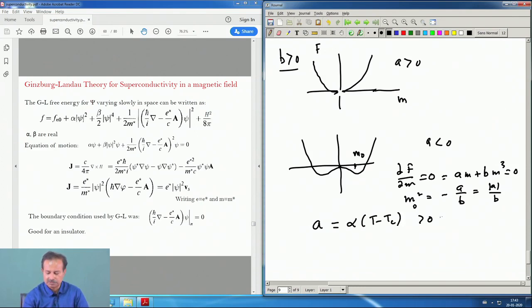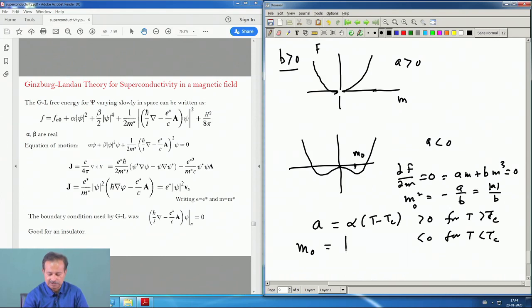So it is greater than 0 for t greater than Tc, and less than 0 for t less than Tc. It mimics this situation, that a will become negative as t goes below Tc, and then immediately you will find a finite m solution. You can solve for m as I have just done, and this will give m proportional to t minus Tc to the power half.